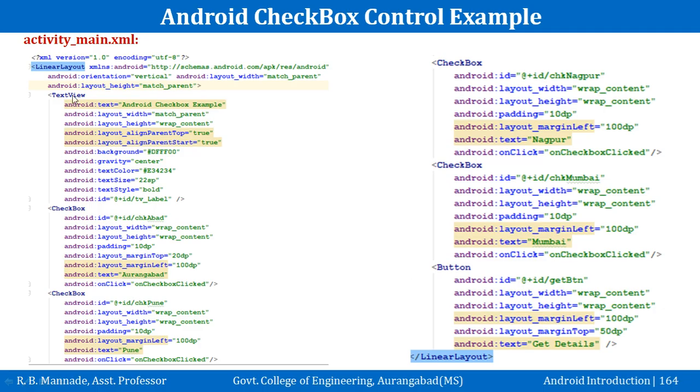Your first view is the text view, which displays the text Android checkbox example.